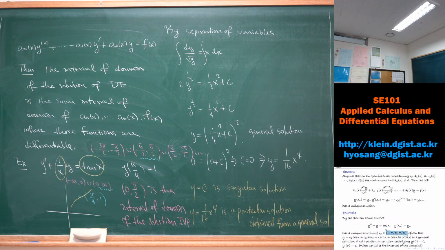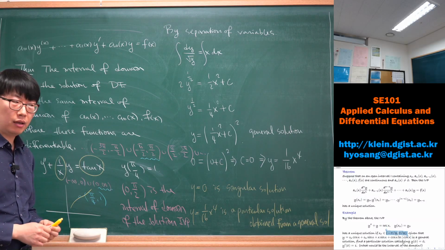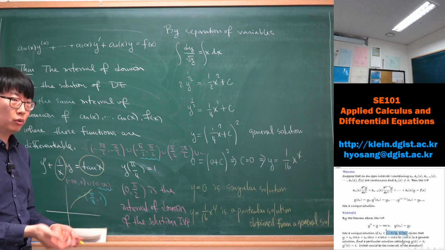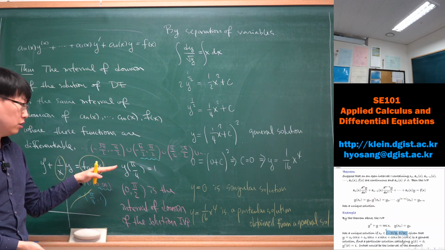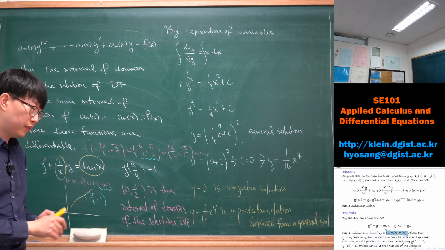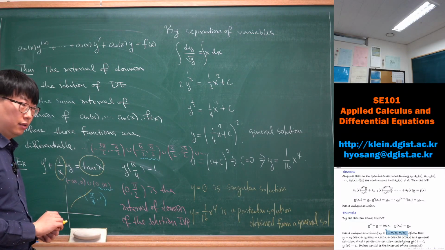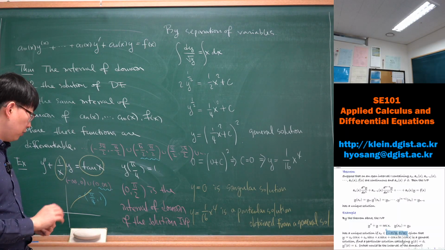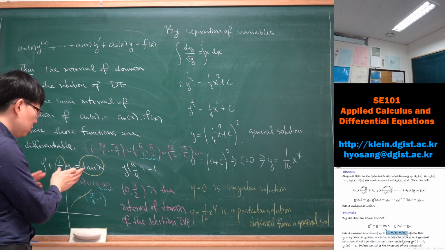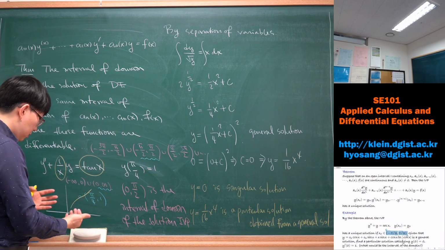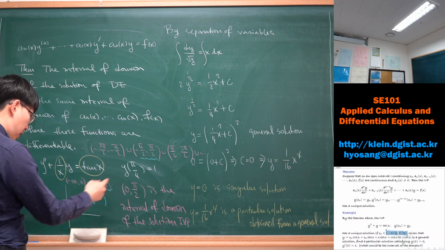Okay. If I'm trying to find a general solution, there's no meaning in finding the domain of interval because I don't know which particular function I'm looking at. But if you're trying to solve an initial value problem, you're looking at a specific function, and every function must have a domain, in this case an interval. Without specifically finding a formula for the solution, I know that the solution curve must lie between 0 and pi over 2.